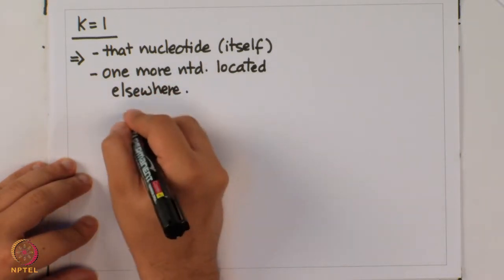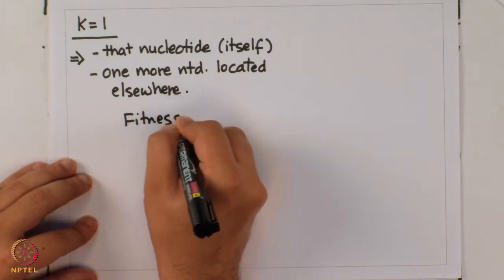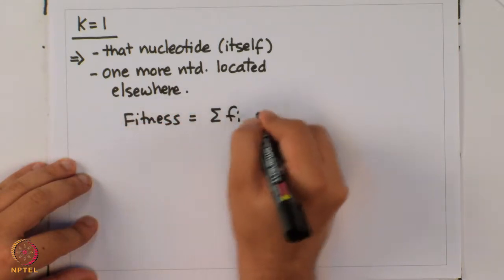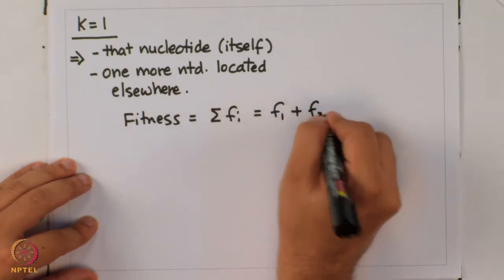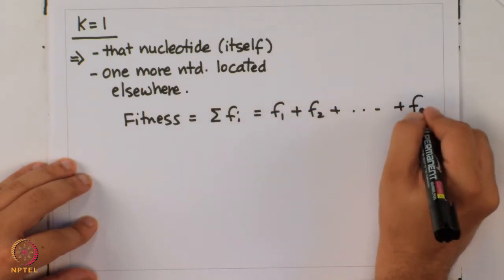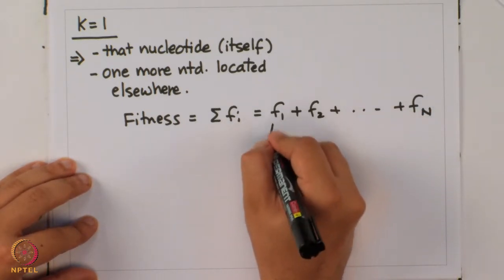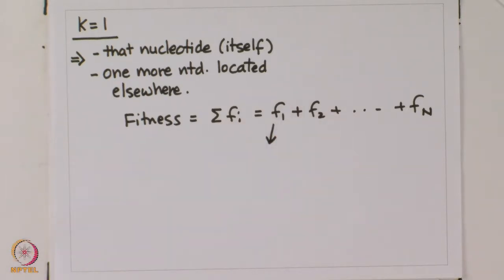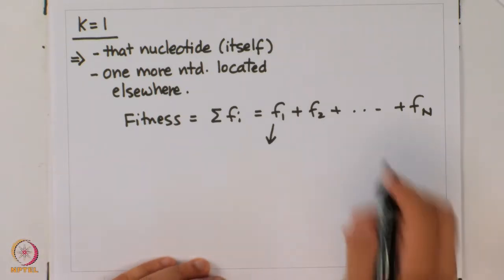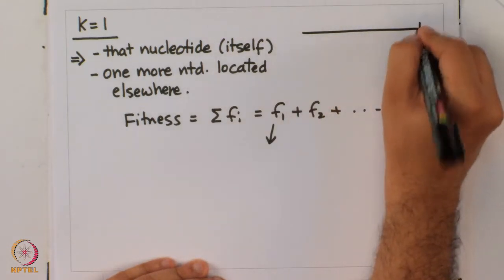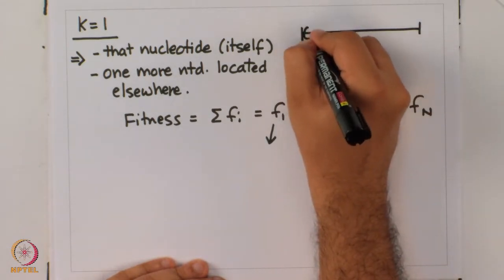So, in this case the fitness is equal to sigma Fi, which is F1 plus F2 and so on and so forth, going up to Fn, if n is the length of the DNA that I am interested in. But now F1 is not just dependent on the nucleotide present on the first position of this string, but is also dependent on one more nucleotide elsewhere on the chromosome. So, if I have a DNA string such as this, this is position number 1.